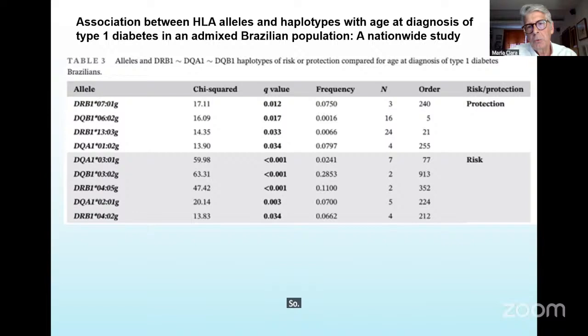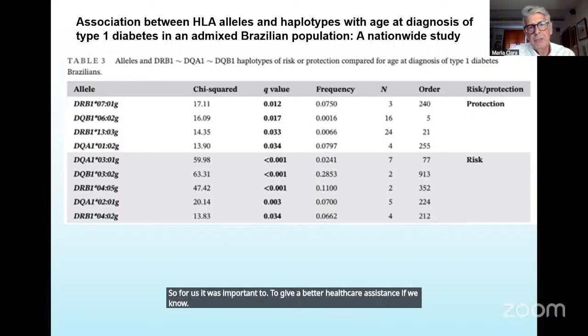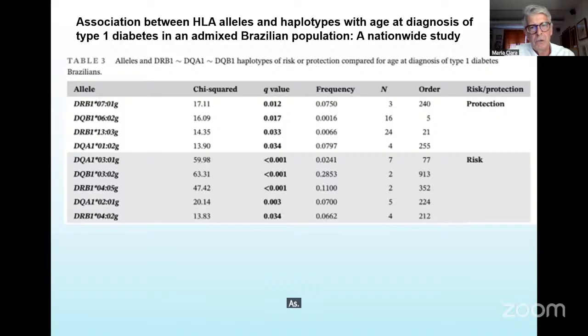So for us, it was important to give better healthcare assistance if we know, as in Finland or in Norway, if they already have an allele that will mark the onset of the disease.